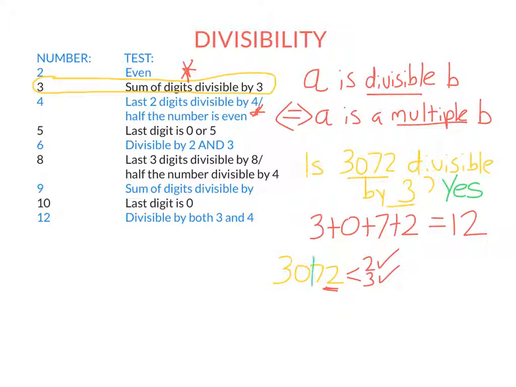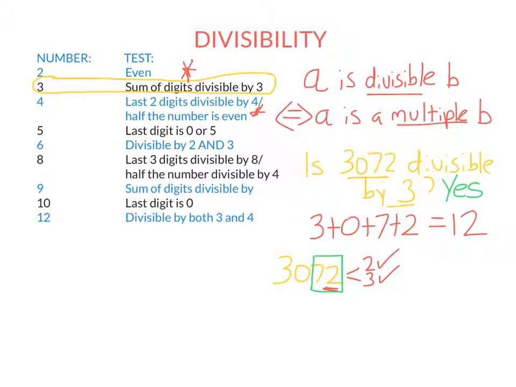So the last two digits of 3072 are 72. But we might not know if 72 is divisible by 4. That's not really an easy question to answer. Some of you may know, but some of you might not. So, at this point I'm thinking, okay, I don't know if 72 is a multiple of 4.